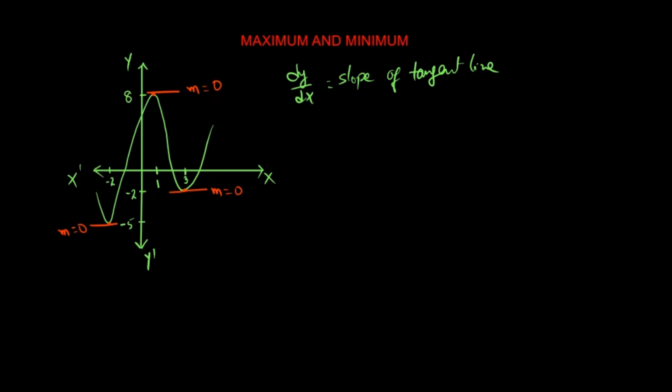And the points where the bend happens in the graph, the maximum and the minimum points, at those points, the tangent line is horizontal. So we have discussed that dy over dx would be 0 because dy over dx is the slope, which is m, and m is 0 for maximum and minimum.